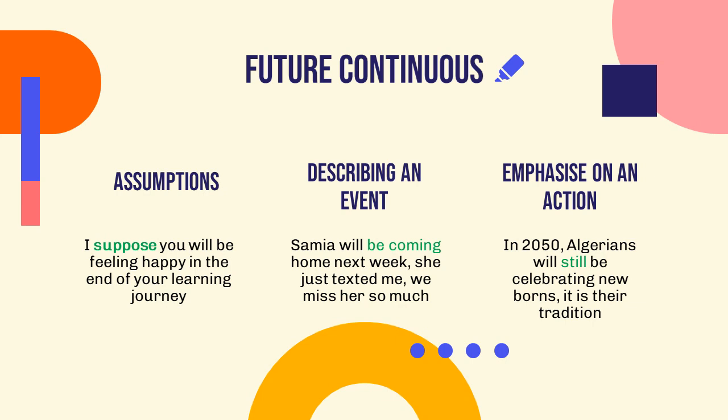Of course the future continues, but we named it future continuous because it ماشي متوقف كما الفيوتشر سيمبل ما عندوش حدود. هذا متواصل. فيوتشر سيمبل ما عندوش وقت محدد. قلنا في الفيوتشر البعيد، بهذا متواصل.